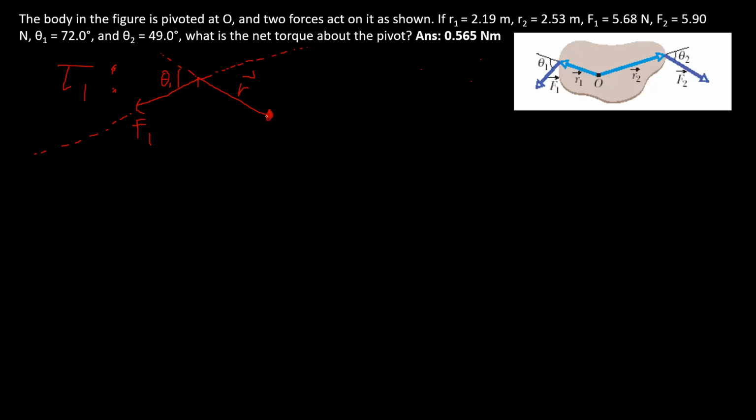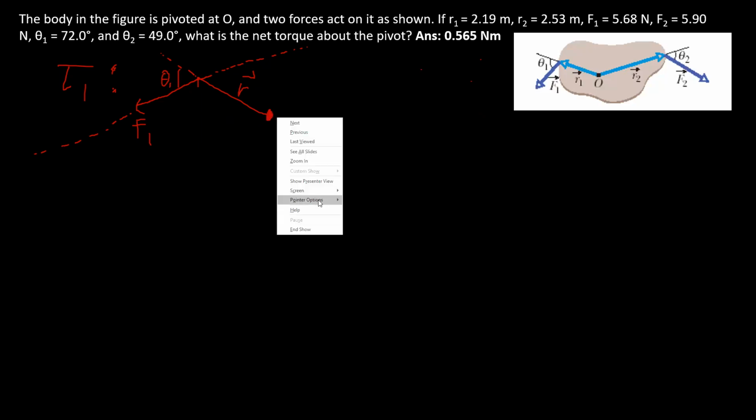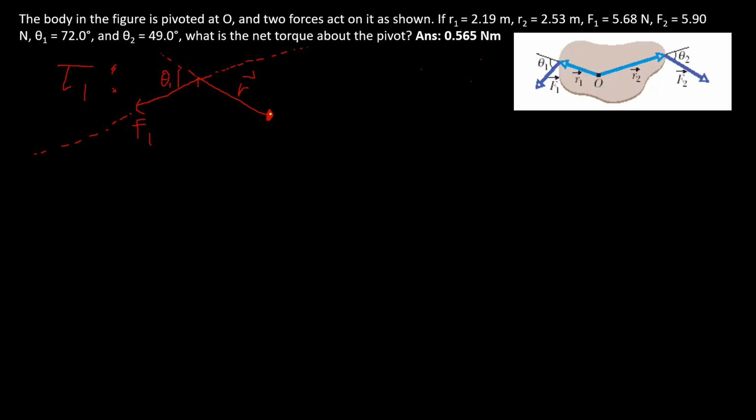Remember that the moment arm starts at the axis of rotation, and it's a line drawn towards the line of action of force. This line is perpendicular to the line of action of force. So that's this one.